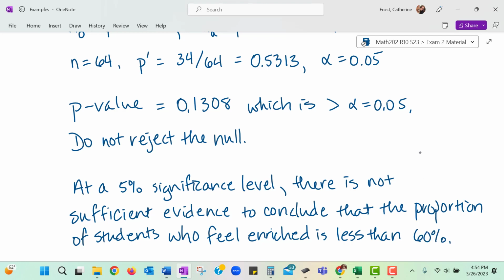So that is supporting what the teacher originally said.